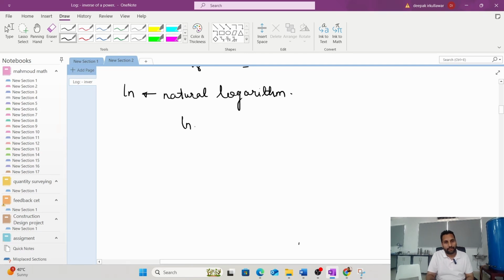So suppose you have ln x. What do you mean by that? It is nothing but log base e of x. So whenever you have base e, that is nothing but ln. Suppose you are given ln 5, it is nothing but log base e of 5. You can put this in your calculator and you can get the value.